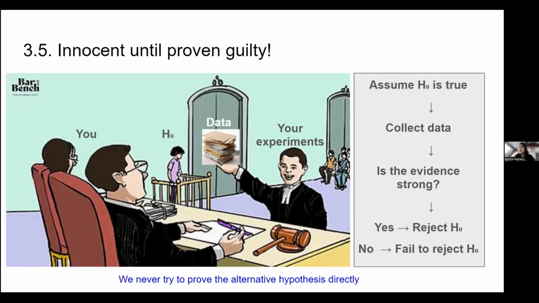You always assume that the null hypothesis is true, which means that the criminal is not guilty until there is enough evidence to say that, yes, he is guilty, he has to go to jail. You cannot say that he just goes to jail because one person saw in his dream that he killed. You need to have the proof, okay?